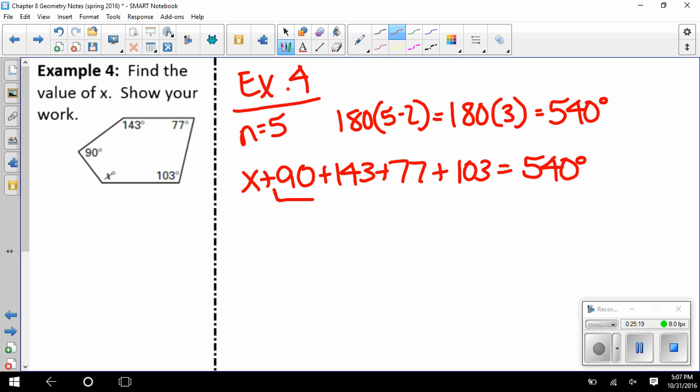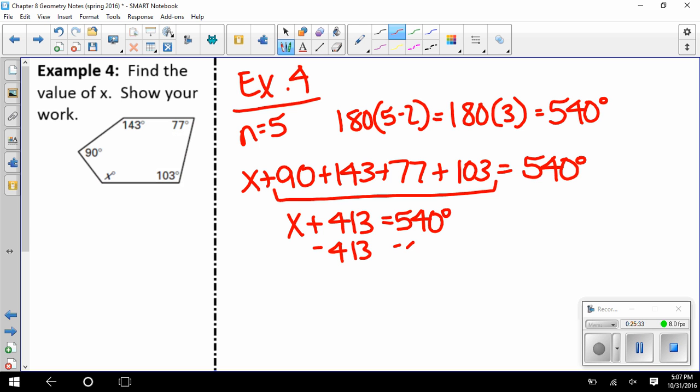Now I'm going to add these up, and we end up with x plus 413 equals 540 degrees. So now we'll subtract 413. So then x equals 127 degrees.